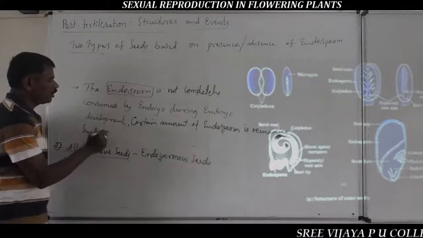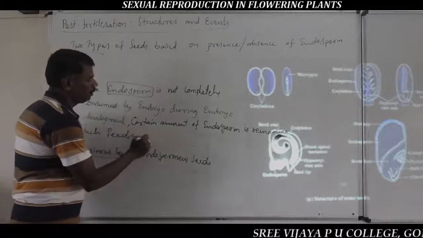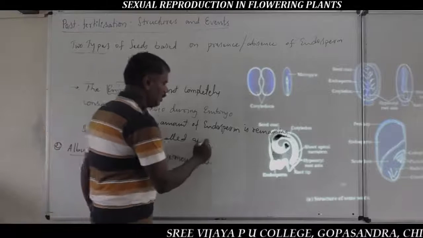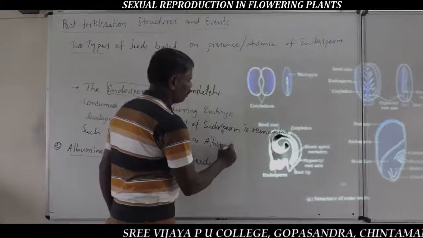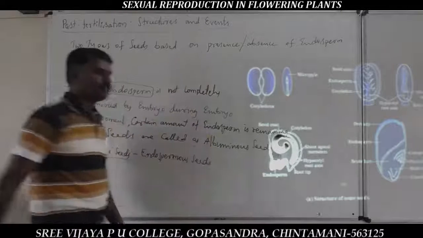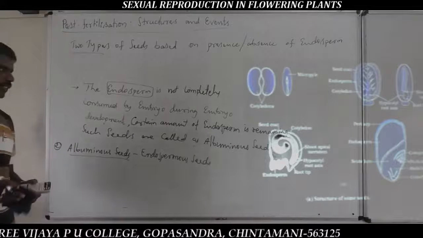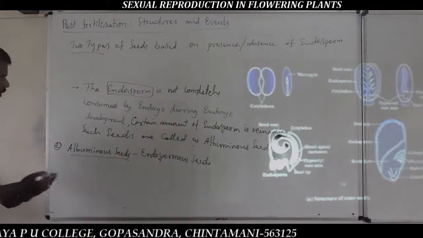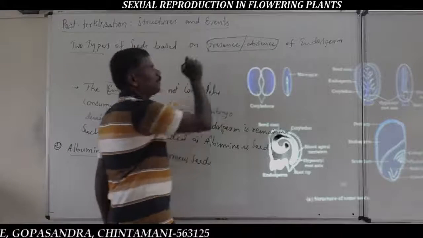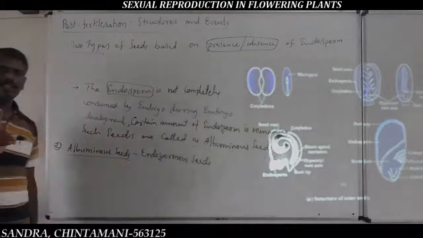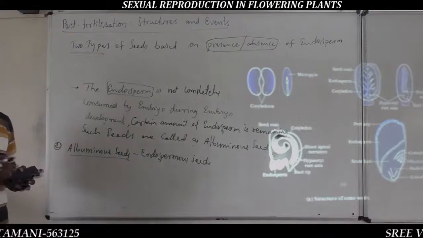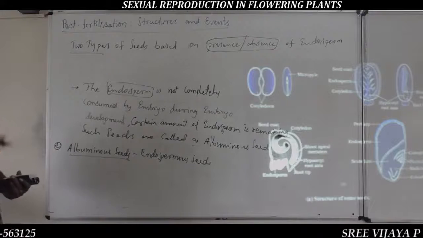Such seeds are called albuminous seeds. So depending on the presence or absence of endosperm in the seed, the seeds are of two types: non-albuminous seeds and albuminous seeds.